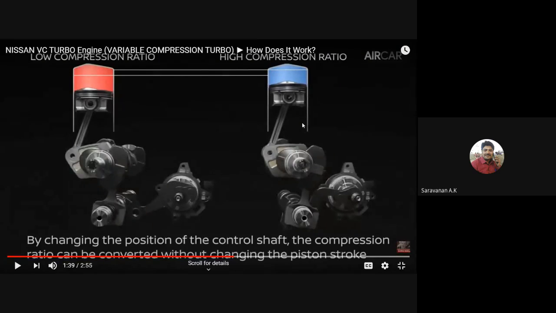Then where the speed is low, the load will be low, so there we can use the high compression ratio, that is 14:1, the economic level. The red color indicates the power mode, and the blue color indicates the efficiency mode, that is the economical mode.